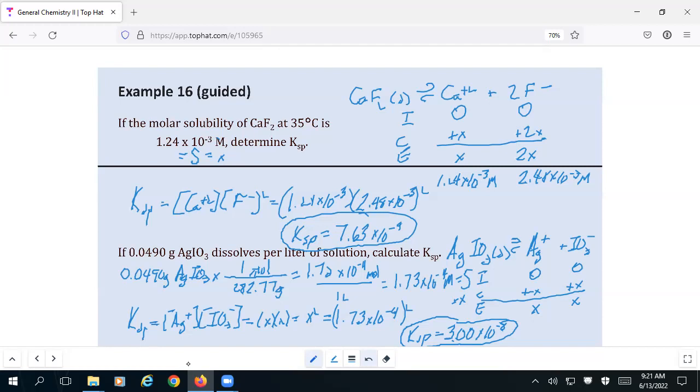So Ksp alone is not enough for us to determine which one is more soluble than the other. We have to go to the solubility. We have to calculate molar solubility to get to that data. We can't just assume.